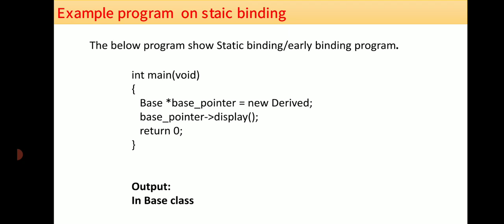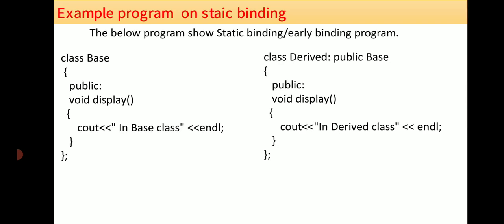Whenever we use the pointer of the base class and call the display method with the member access operator, it will call the method of the base class, not the method of the derived class. Is it clear?